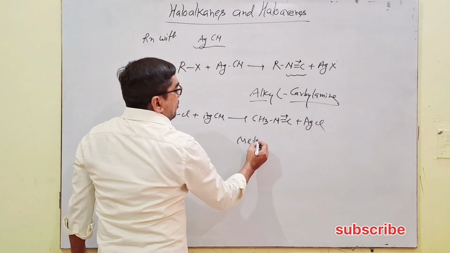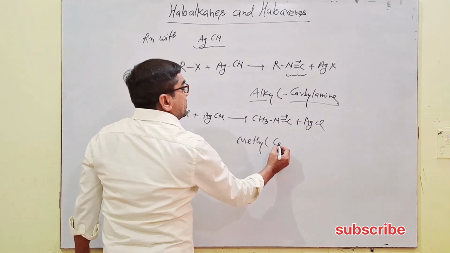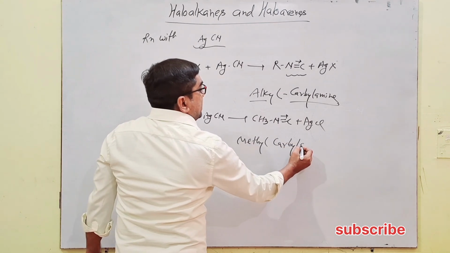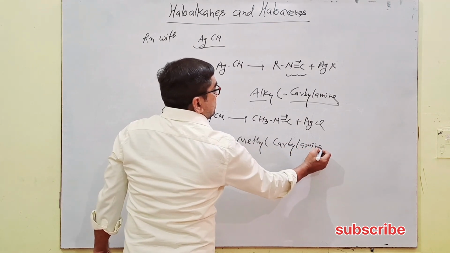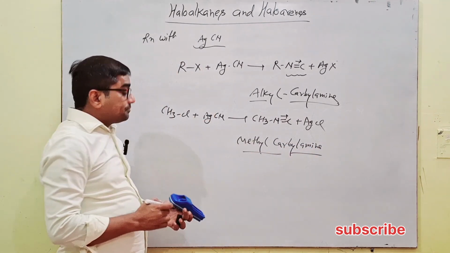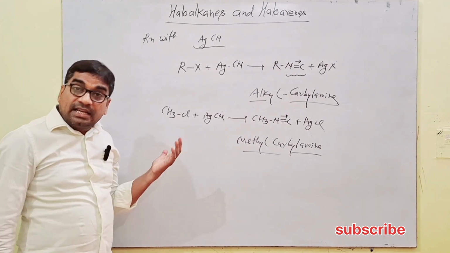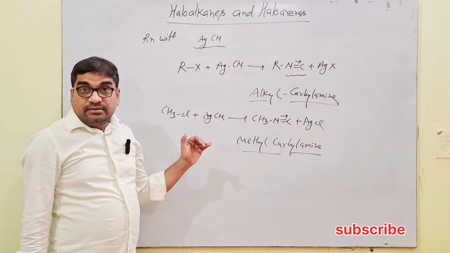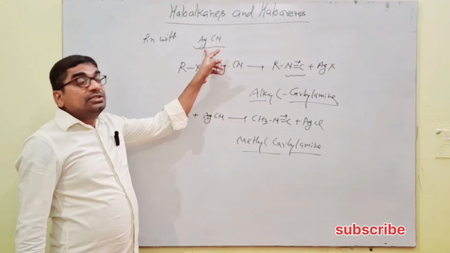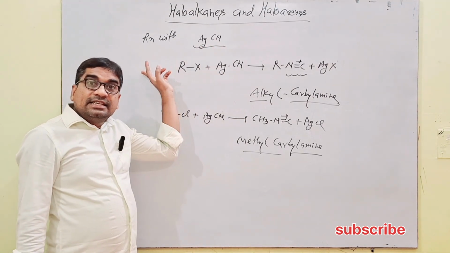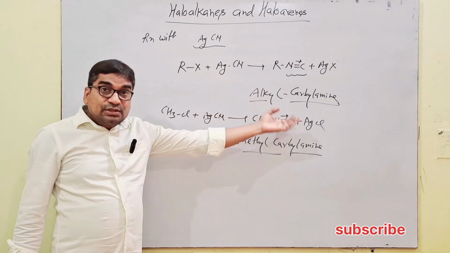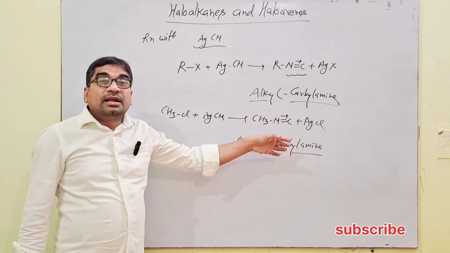So the product formed is methyl carbylamine. So again the question arises, when potassium cyanide reacts with alkyl halide it gives cyanide, while the reaction of silver cyanide with alkyl halide gives isocyanide or carbylamine.